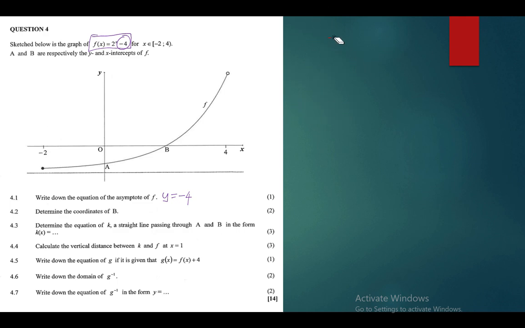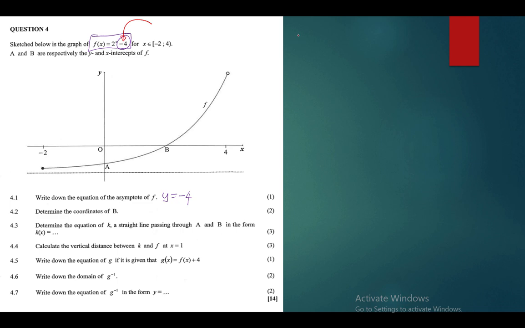But I want to explain why we are saying the y asymptote is actually this -4. Let's go back to our equation.